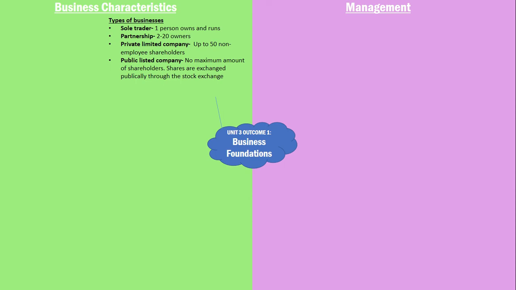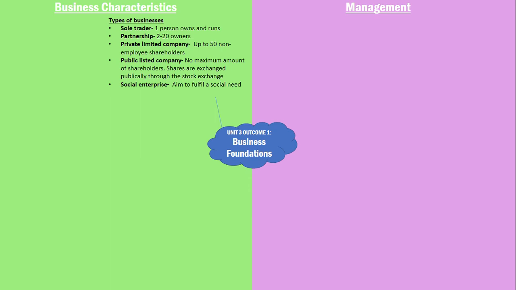A public listed company is the one which can have an unlimited amount of owners who buy and sell their ownership or shares in the company. They do this through the Australian Securities Exchange, which is also known as the Stock Exchange.